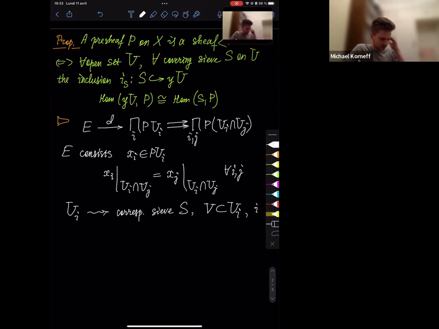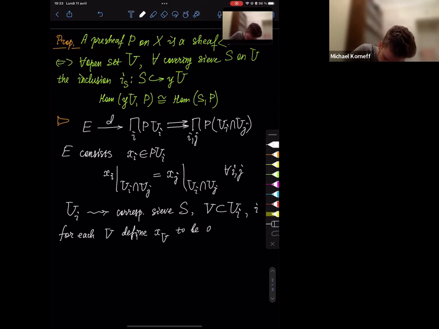We consider all of these sets V, and for each V, we can define xV to be xi restricted to V. This is independent of the choice of the index i with the property that V is a subset of Ui.